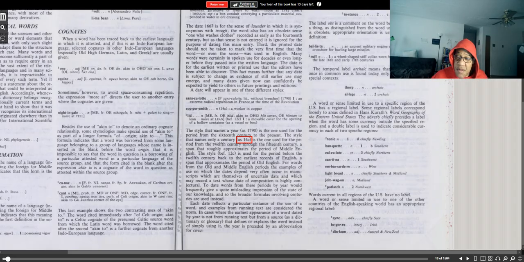Okay, so now let's deal with the first one. Now this one's more precise. So this one we're talking about the year 1790.